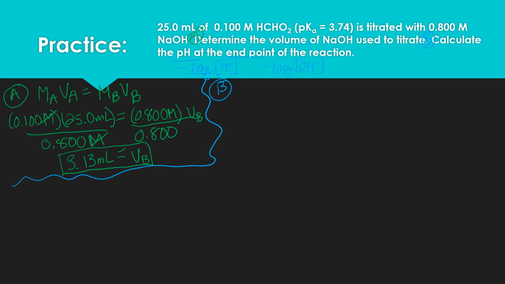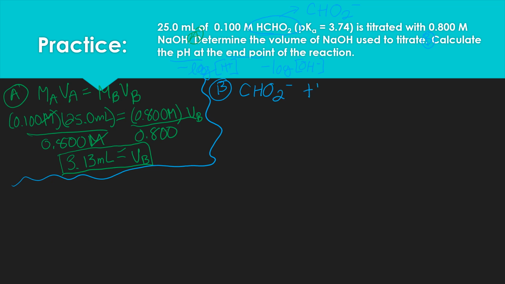Okay, I'm going to start by writing our RICE table out, writing our reaction out, and then we'll fill in the pieces we need. So let's do our reaction. When we do a salt hydrolysis, start with your weak. Think about how it becomes its conjugate. Its conjugate would be the acid with one less hydrogen, and that's what we're going to start with, the conjugate of your weak.